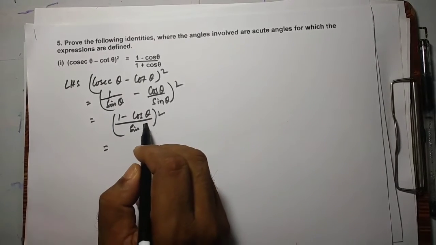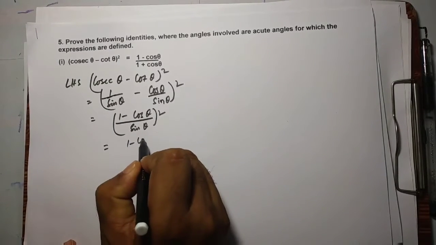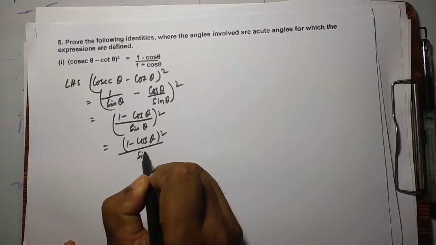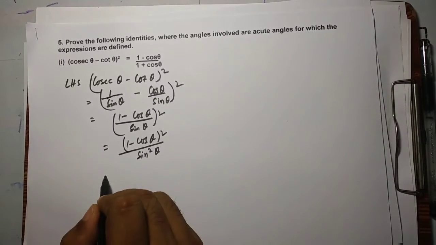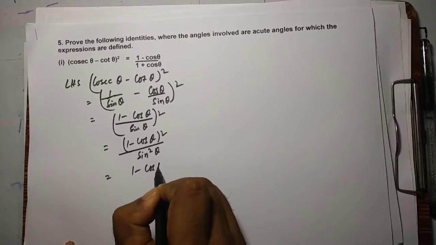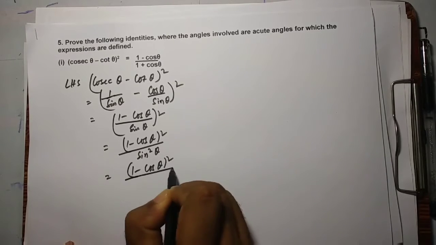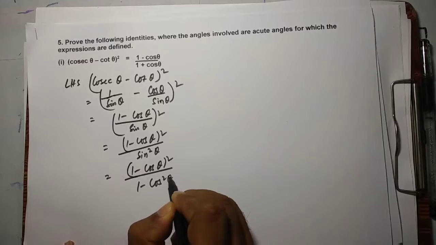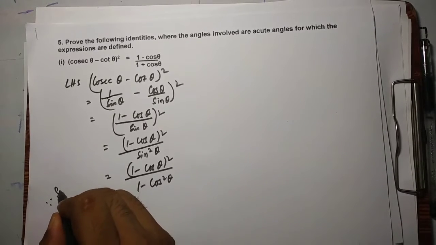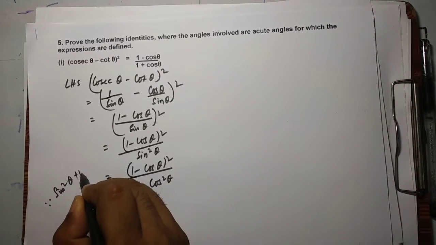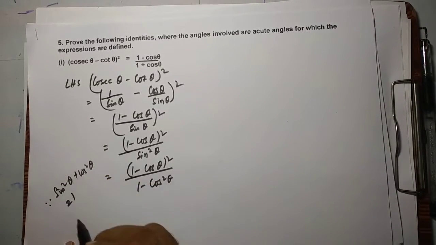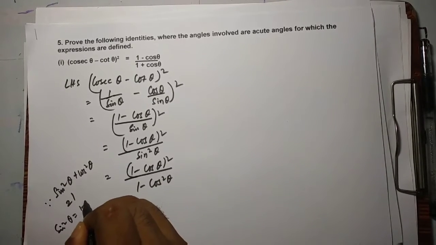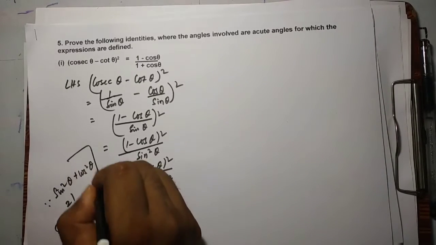So this is again nothing but 1 minus cos theta whole square over sin square theta, and we know sin square theta is how much? This is 1 minus cos square theta, because you know sin square theta plus cos square theta equal to 1. So sin square theta equal to 1 minus cos square theta. Okay.